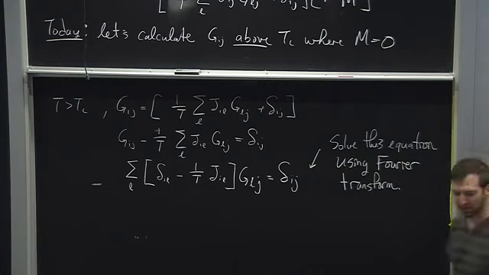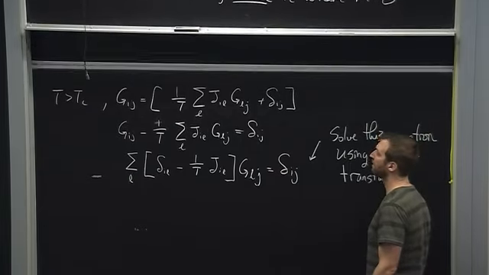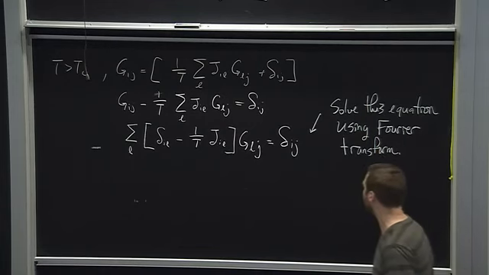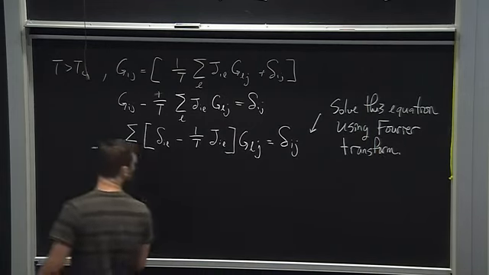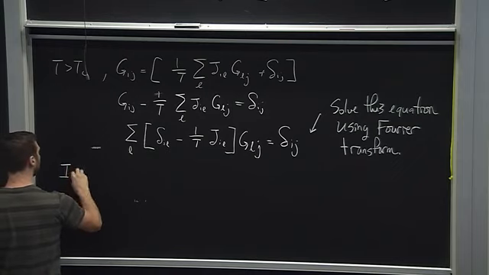So it pays to be comfortable with these lattice Fourier transforms in any of these condensed matter calculations. Okay, so you've probably seen this before, but let's go through the Fourier transform relatively carefully. So let's introduce a lattice Fourier transform.